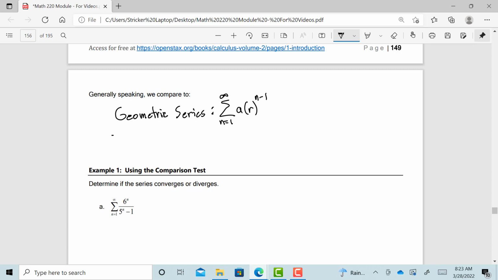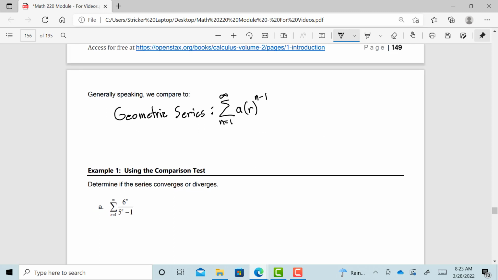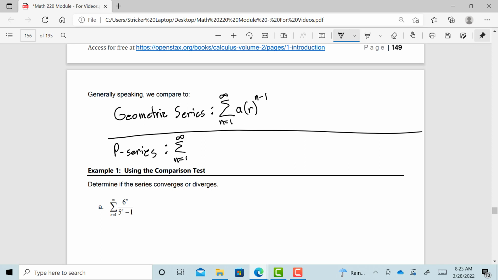And then the other one we're going to look at typically for the comparison test is the P series. So our P series, if you will recall, looks like 1 over n raised to the P power.